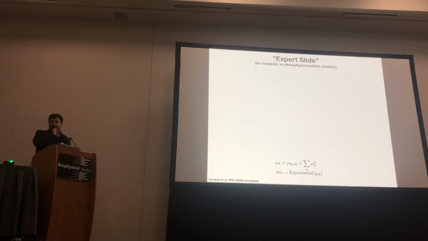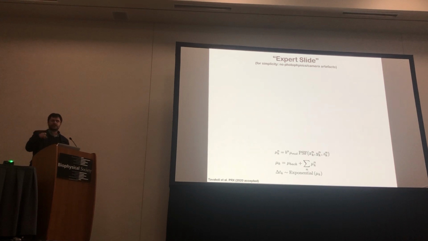So here's the expert slide that tells you the recipe of how we're going to go about doing it. Basically, we're going to construct the entire hierarchical Bayesian framework. We say that delta t, the time of arrival between photons, is exponentially distributed, and the mean of the exponential distribution, in other words, the photon emission rate, is the sum of the background emission rate plus the emission rate of your molecules.